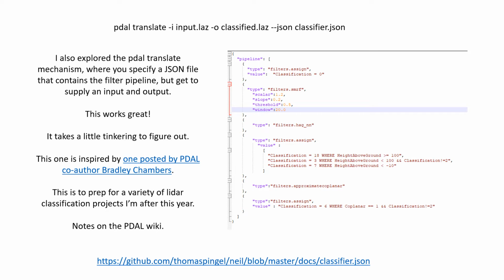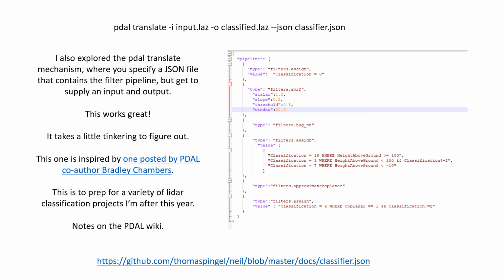Now, the previous syntax for this would have been like PDAL pipeline, and then you just give it a JSON file, and then you would declare the input and output in the JSON file. But the thing that's really neat about this is that it lets you use the same processing pipeline on different inputs and outputs.